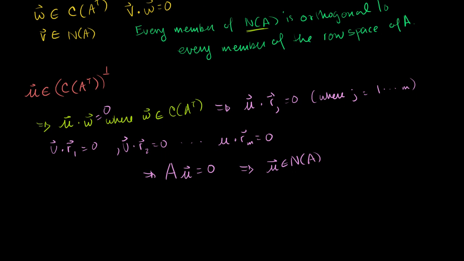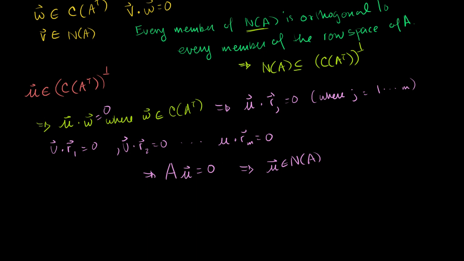We now showed you any member of our null space is a member of the orthogonal complement. So this first statement here is another way of saying that the null space is a subset of the orthogonal complement of the row space. So that's our row space, and that's the orthogonal complement of our row space.